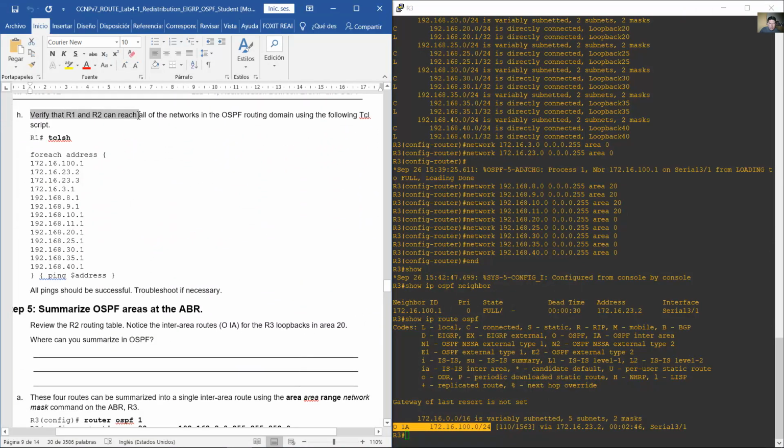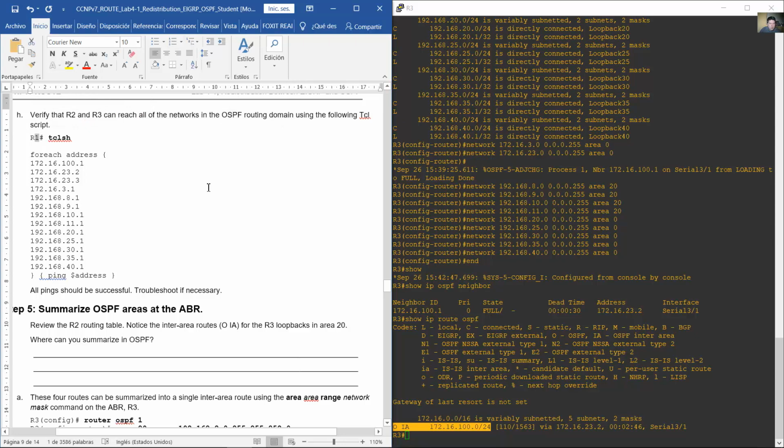Verify that R1 and R2 can reach all of the networks in the OSPF routing domain. I think this should be verified that R2 and R3 can reach all the networks in the OSPF routing domain.